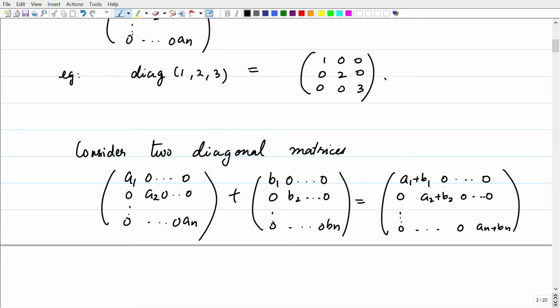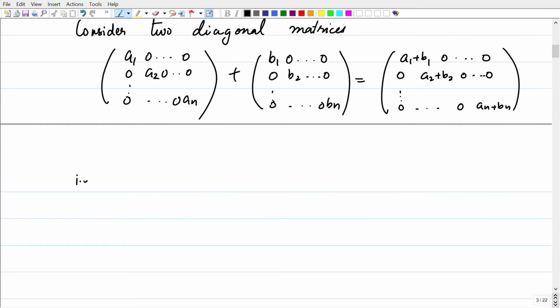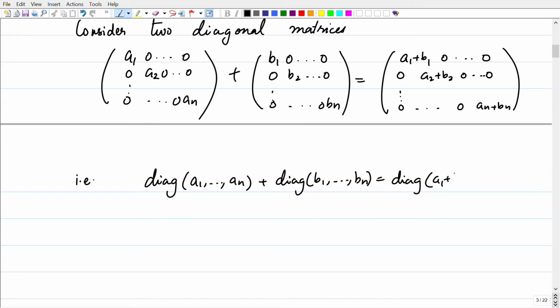So if I use the notation that we have just introduced, diag of a1 to an plus diag of b1 to bn is equal to diag of a1 plus b1, dot dot dot, an plus bn.